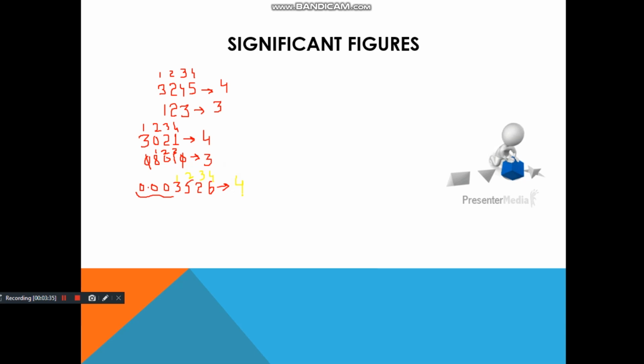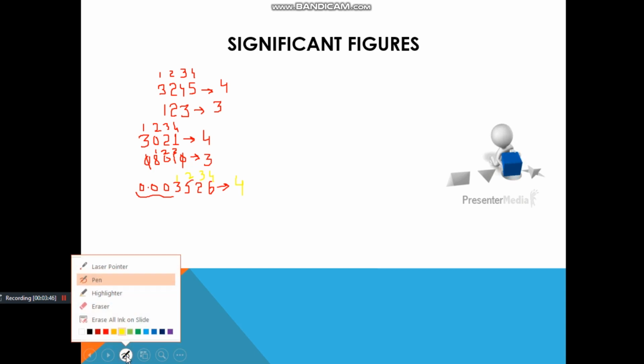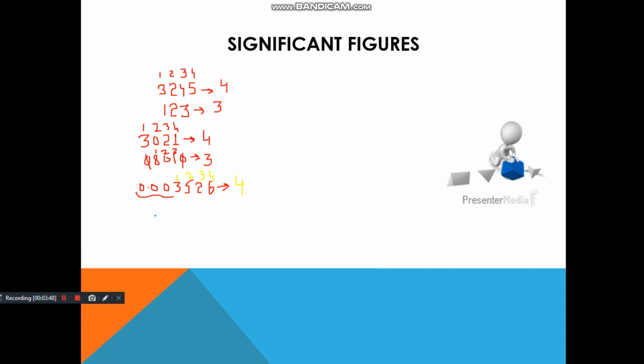Again I will explain, you will not count the leading zeros, and the ending 0 if there is no decimal. But if there is a decimal, then you are going to count it. Okay, let me write the number. For example, 0.0523.